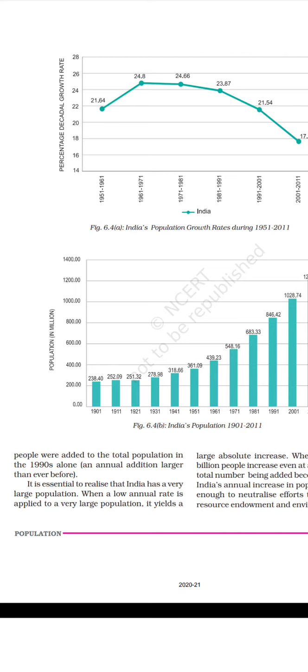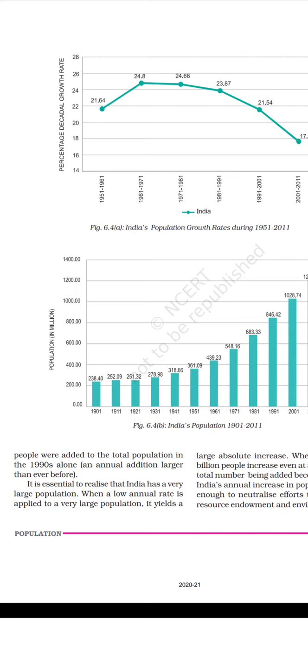When a low annual rate is applied to a very large population, it yields a large absolute increase. When more than a billion people increase even at a lower rate, the total number being added becomes very large. India's annual increase in population is large enough to nullify efforts to conserve the resource endowment and environment.